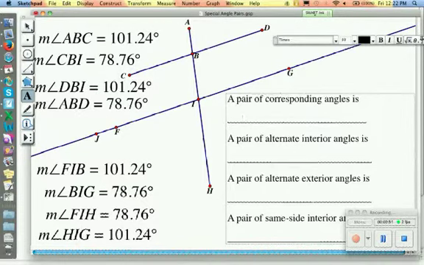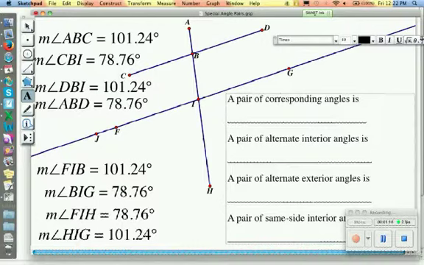Sarah. Well, remember, you want to make sure that you're using 3 letters, because there's a lot of angles in here, a lot of possibility for confusion. So naming the angles using 3 letters. That is a straight angle. What I'm asking for is a pair of corresponding angles, like the angles we discussed yesterday.